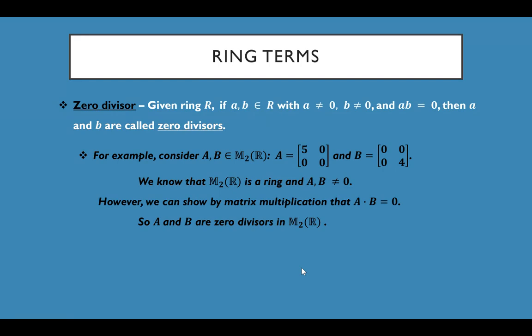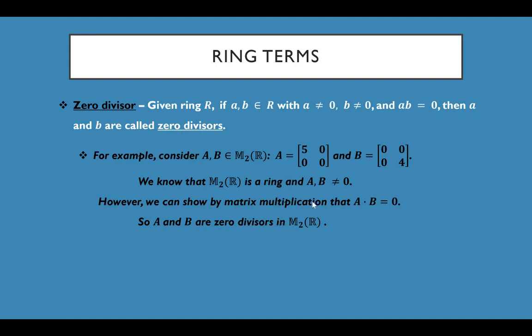Let's look at, for example, the set of 2 by 2 square matrices with real number elements. I have a couple of examples here. I have a matrix [5, 0; 0, 5], and another matrix [0, 0; 0, 4]. Well, we know that we would not consider these equal to 0.